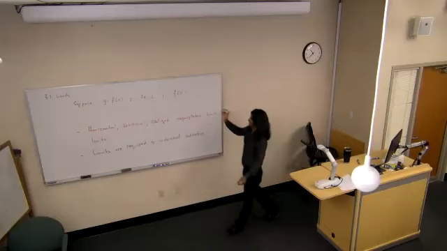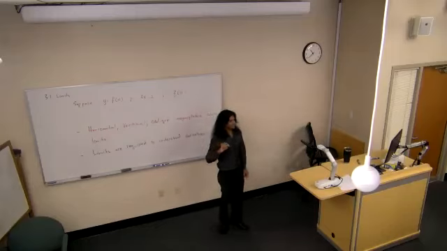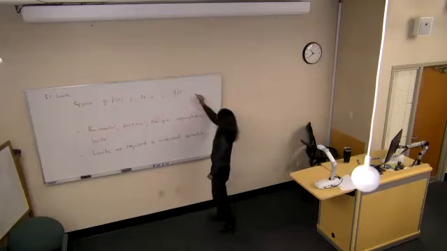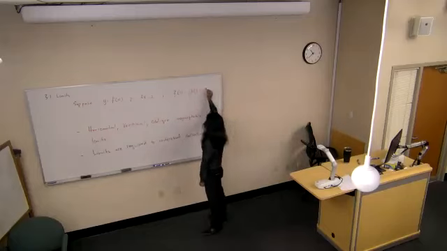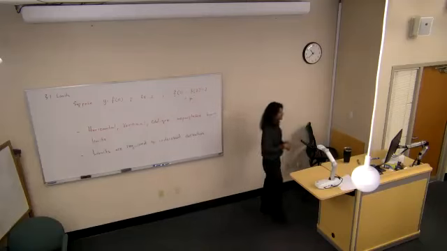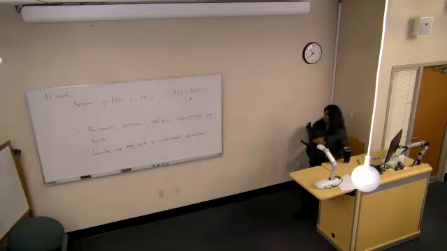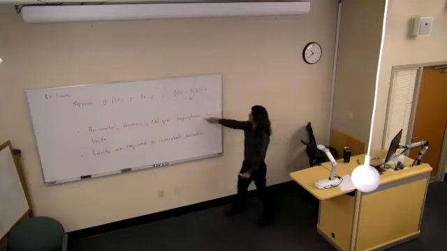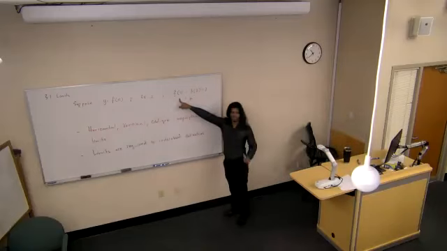It's 6 minus 2, 4. The value is 4. That is the exact value of the function when x is equal to 2. Do you agree?